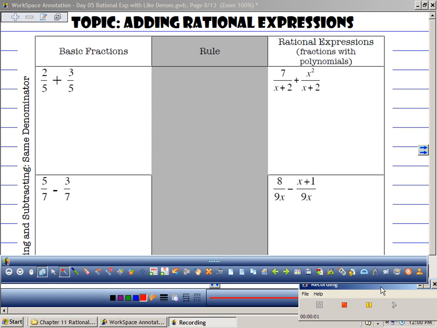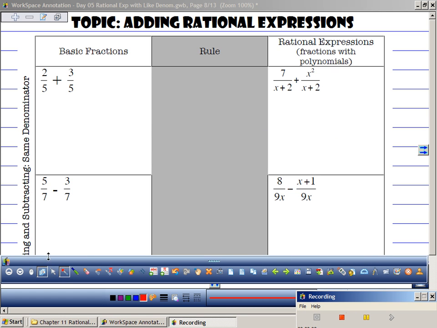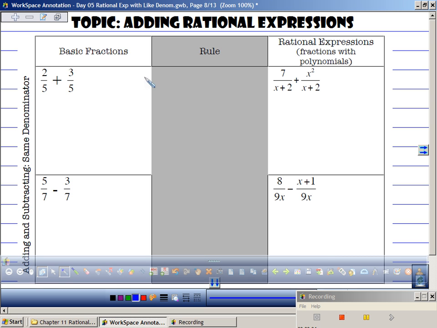Okay, so let's talk about adding rational expressions. So, the rule for adding basic fractions is to keep the denominator and add the numerator.